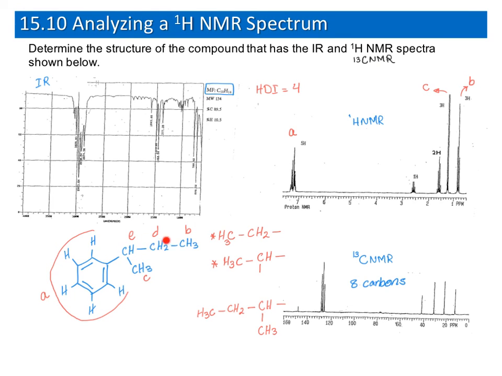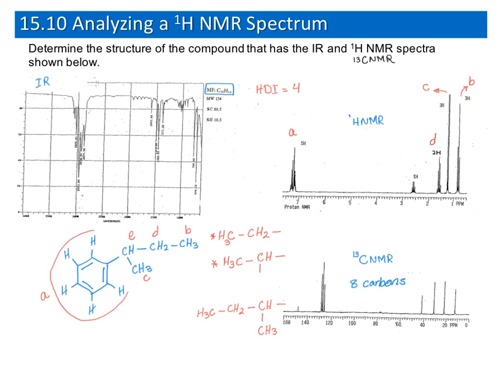So we should expect to see a doublet of quartets for this CH2 group here. However, the signals are not very clear here, but we can see integration of 2 hydrogens. So the only CH2 group in this structure is basically this group right here. So it can be hydrogens D.